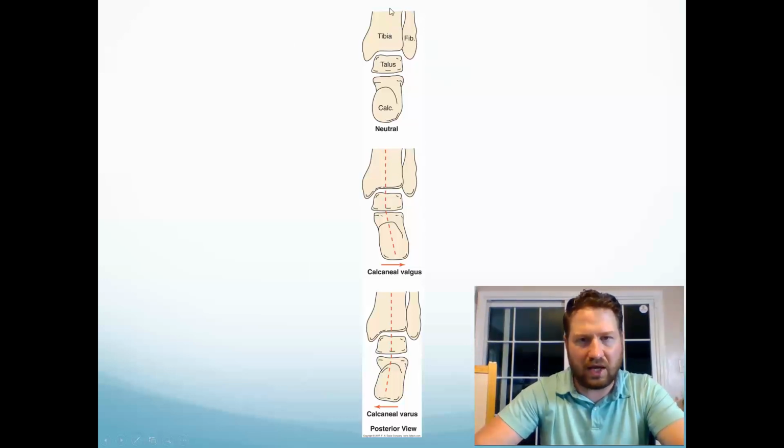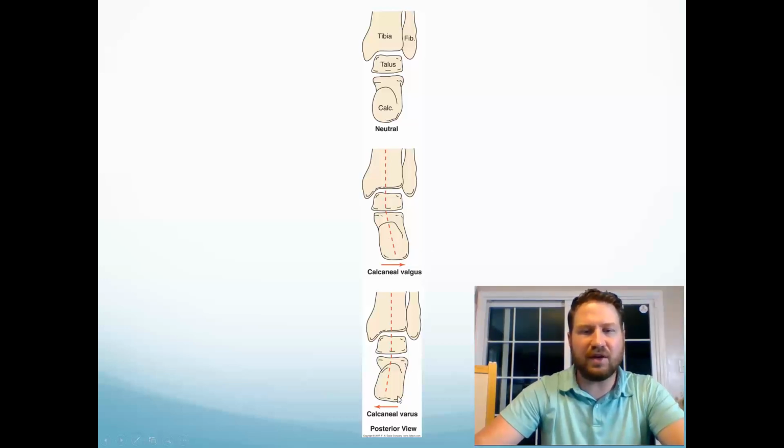They should all line up, or ideally would all line up in the same direction. But if we're in calcaneal valgus, they're going to have a valgus moment. So the bottom of the calcaneus is going to point away from midline. Calcaneal varus is where the bottom of the calcaneus points towards midline.